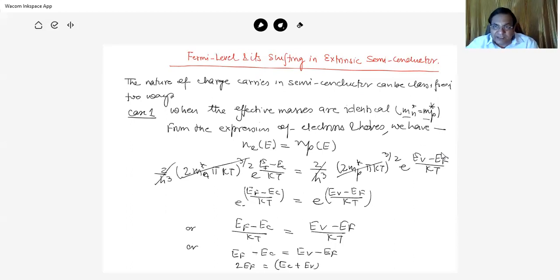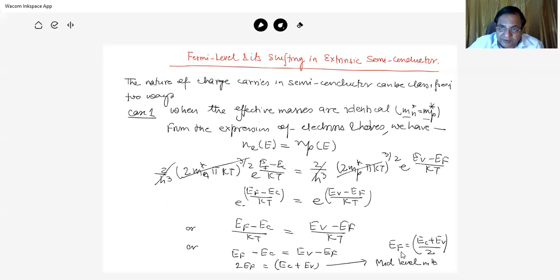This expression gives EF equal to (EC plus EV) by 2, that is the mid level in between EC and EV.